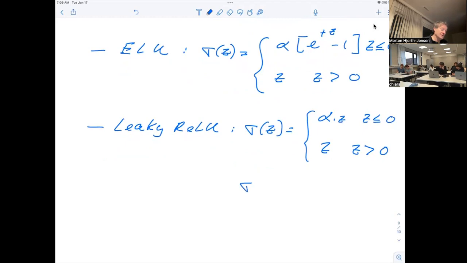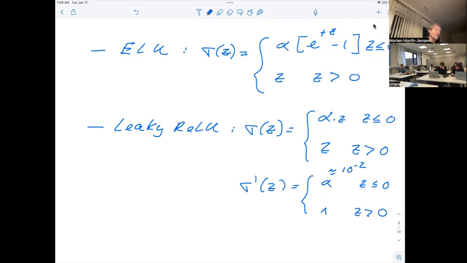In this specific case, the derivative, and that applies also to the exponential linear unit, is just equal to alpha. And alpha is typically set to a small parameter. This could typically be 10 to the minus 2, just to give you an example. The derivative is alpha when z is less than or equal to 0, and it's equal to 1 when z is larger than 0.